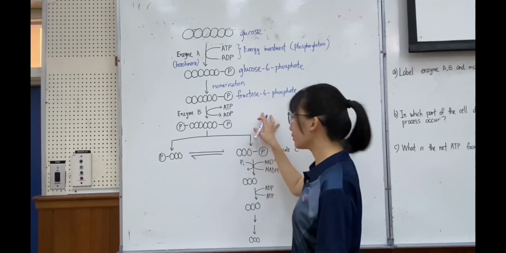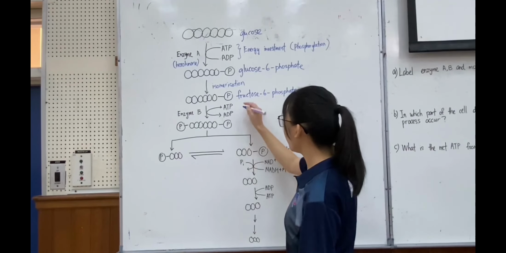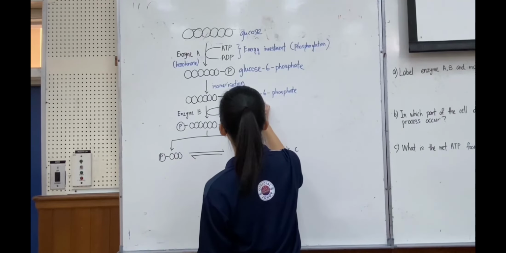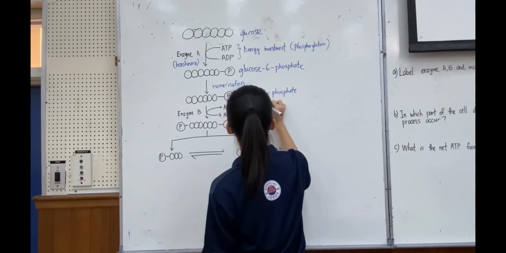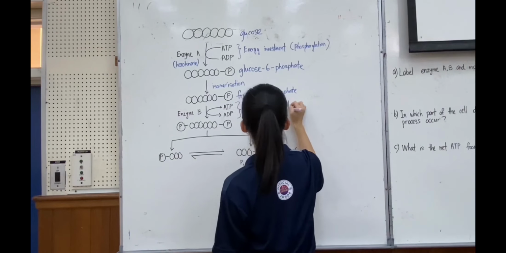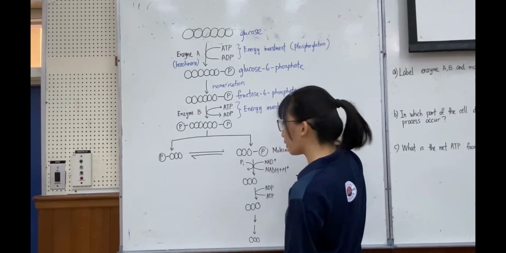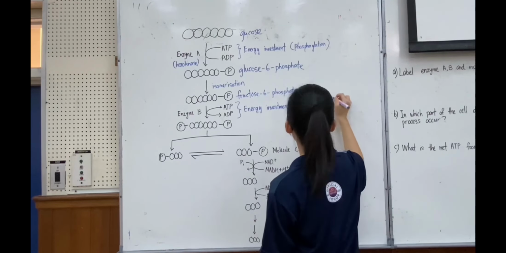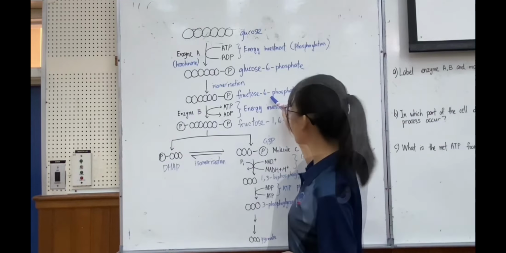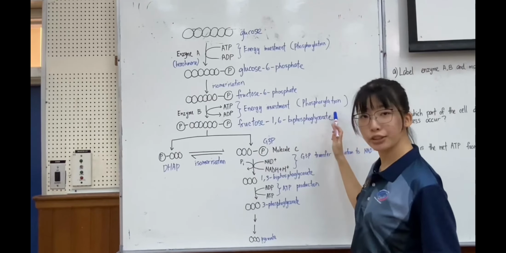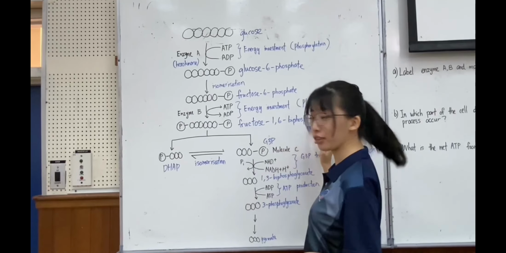After that, fructose 6-phosphate, and here occurs energy investment again, which is phosphorylation. This 6-phosphate later will undergo energy investment, which is phosphorylation to form fructose 1,6-biphosphate.